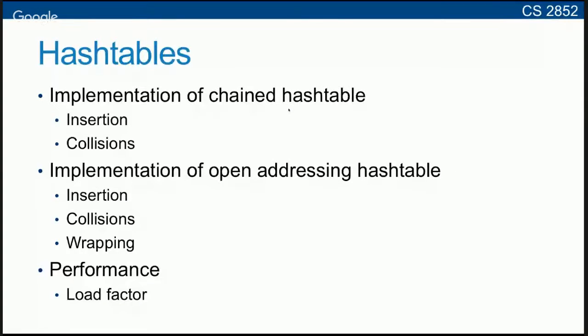With hash tables, we know that with open addressing, if the size of the table is n, and it's indexed from 0 to n minus 1, then the most items we can have in the hash table is n. In other words, the load factor can never be greater than 1.